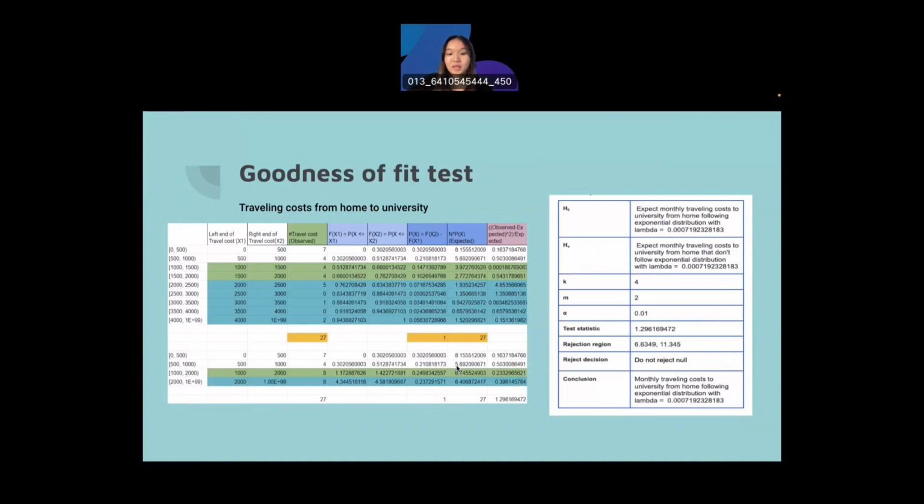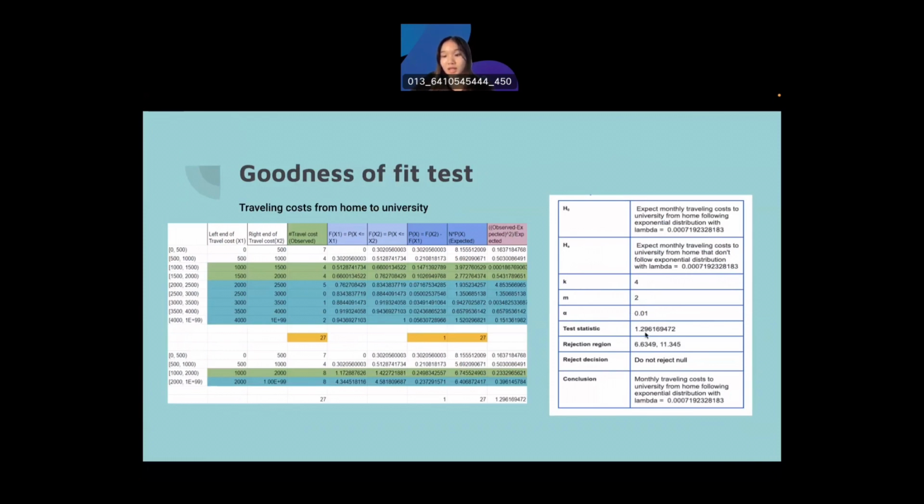Okay, next. This is the goodness of fit test of traveling costs from home to university. From the table, we have a sample size of 27. If you look at this table, you will see the K value is 4, the M value is 2, and the significance level is alpha equal to 0.01.